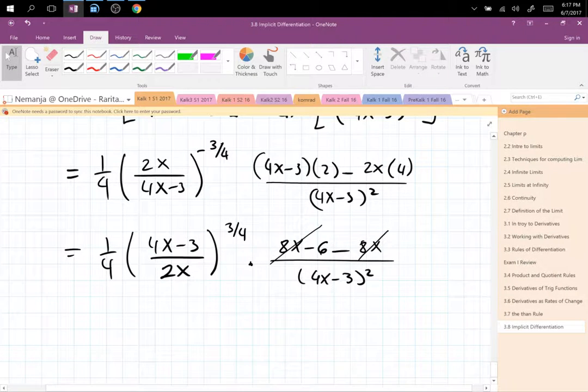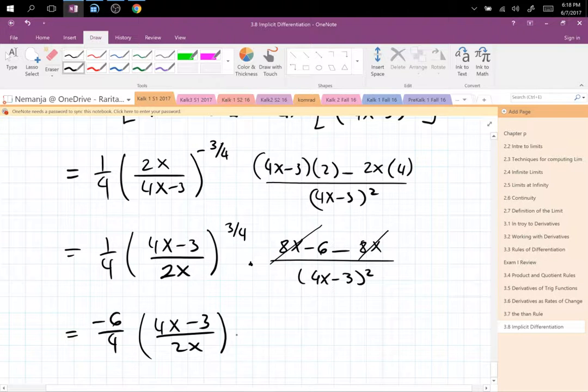So what we have is negative 6 over 4, which cancels later, times 4x minus 3 over 2x, and then times 1 over 4x minus 3 squared.